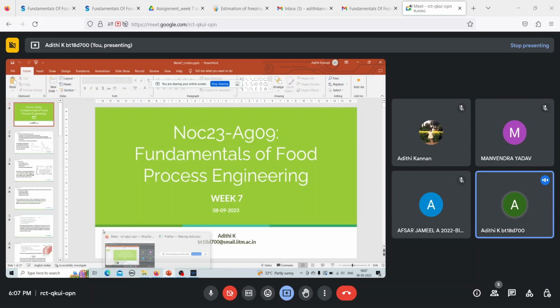Then once the ice starts crystallizing, you have the latent heat of fusion being released. When liquid converts to solid, the latent heat is given out, and because of this you will have a very slight increase in the temperature from S to B. After this latent heat has been released, you will then see a constant temperature region from B to C. This is the major region where the phase transition happens.